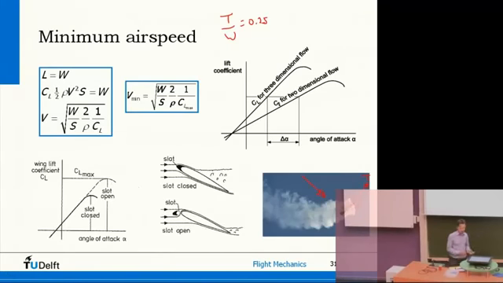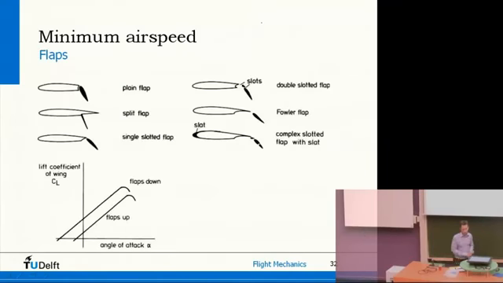So there are various devices that can improve maximum lift coefficient. You might have a device at the leading edge of the wing, which we call a slat. And if you open that, you increase CL max. Similarly, at the trailing edge of the wing, we have what we call flaps.